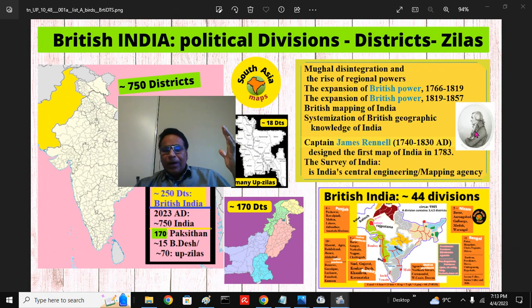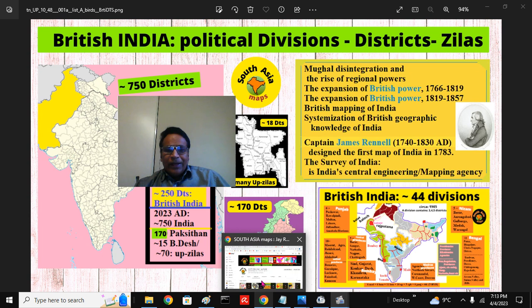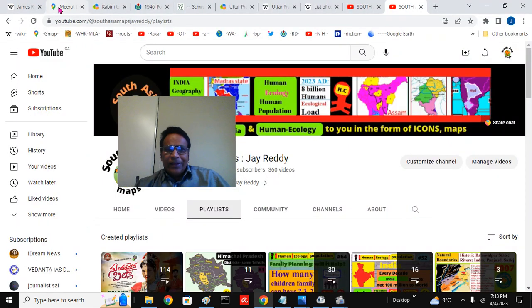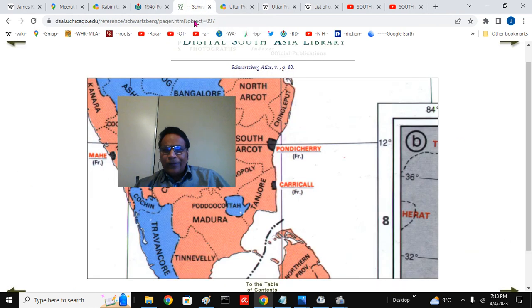Around the time of Warren Hastings, the first Governor General of Bengal, 1774-83, he published the first major political map of India. Later, especially after the Sepoy Mutiny, the British almost consolidated their political administrations. Later they made certain modifications, but that is a different story.